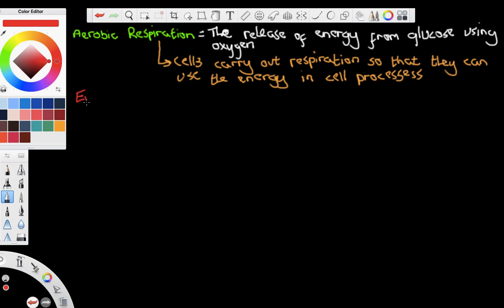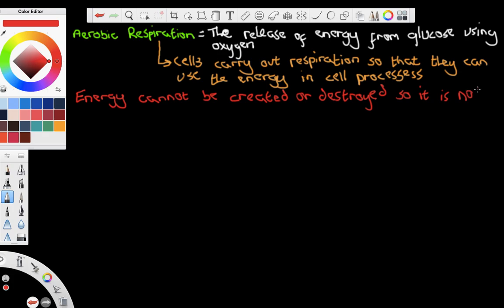So energy cannot be created or destroyed, so it is not made in respiration.